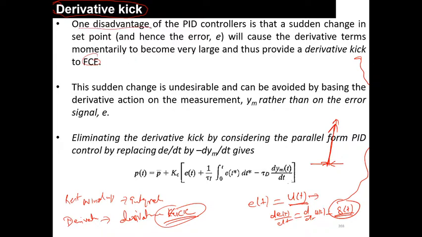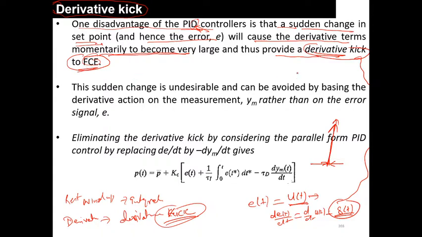So this is one disadvantage of the PID controller, wherever the derivative acts. In a PID controller, a sudden change in the set point causes the error e to make the derivative term momentarily very large, and thus provides a derivative kick to the final control element.